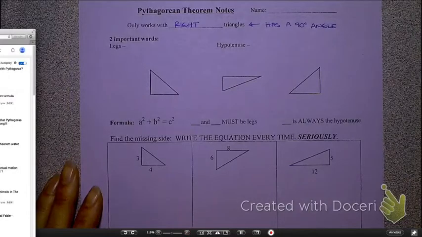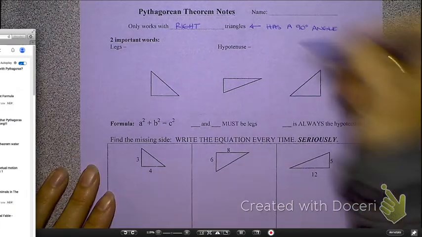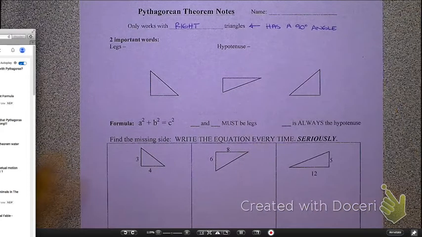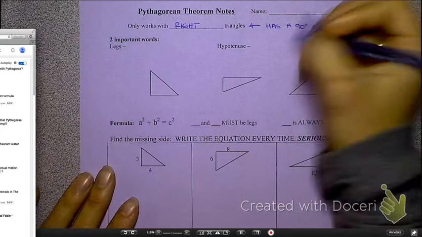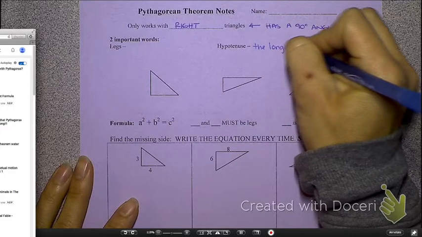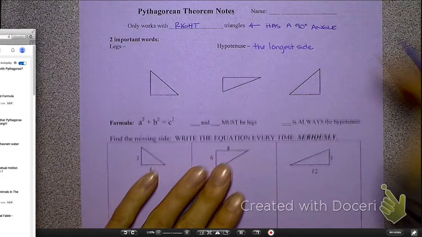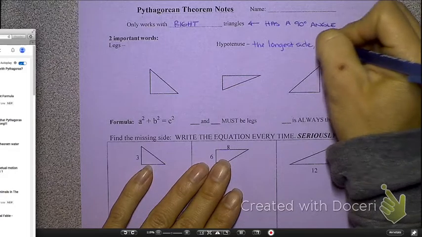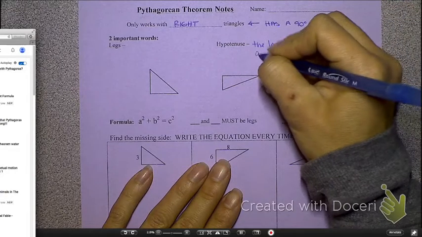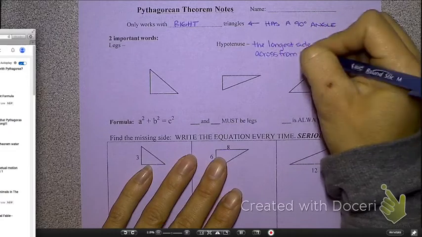Okay, so let's talk about what are legs and what's the hypotenuse. Okay, the hypotenuse, what do you guys think the hypotenuse of the triangle is? The longest side, okay? So it is the longest side. It is also across from the right angle.